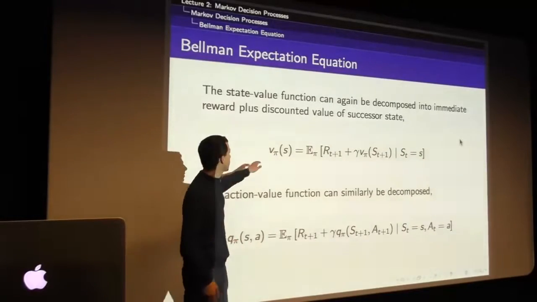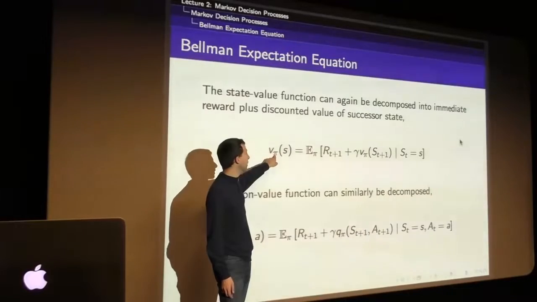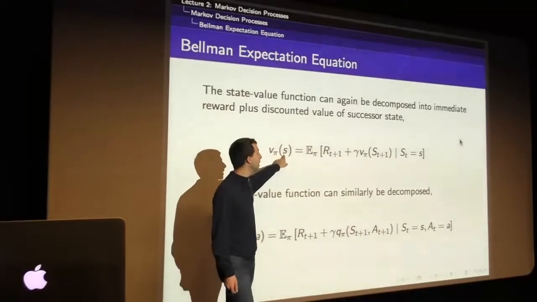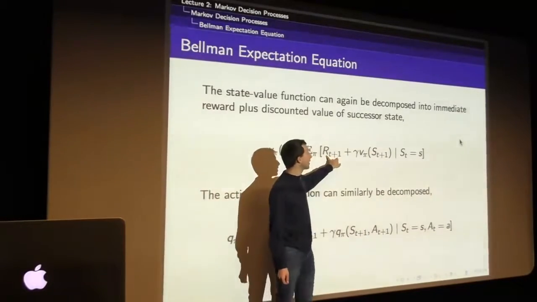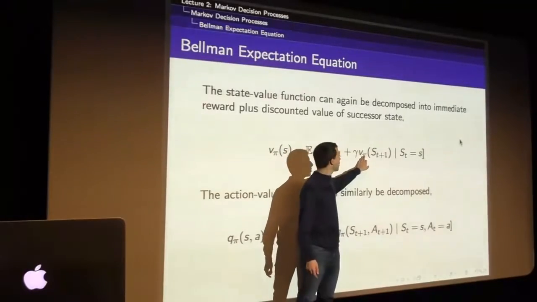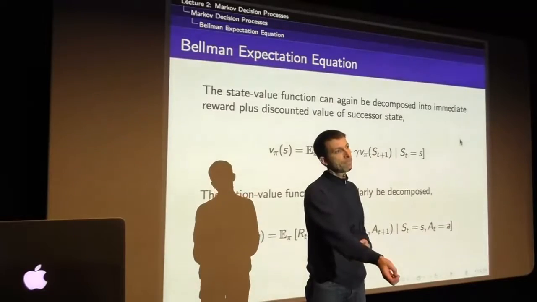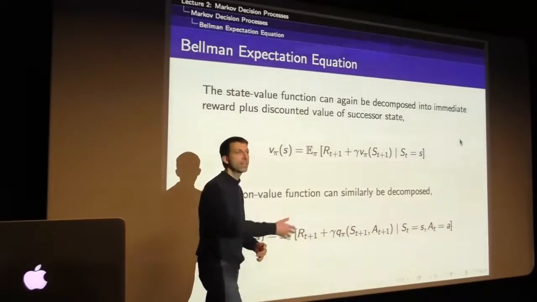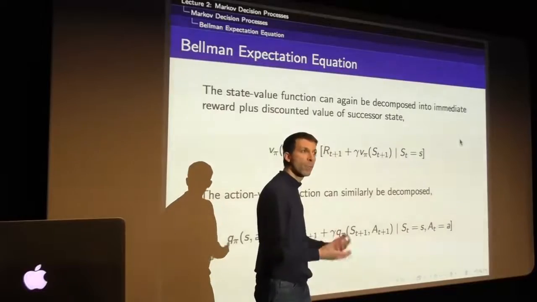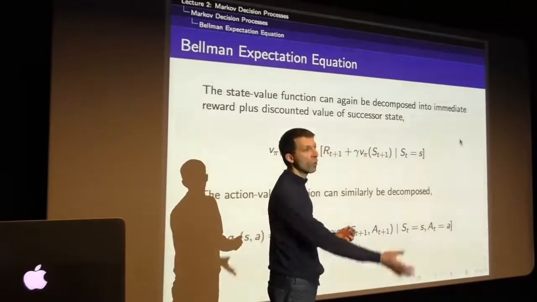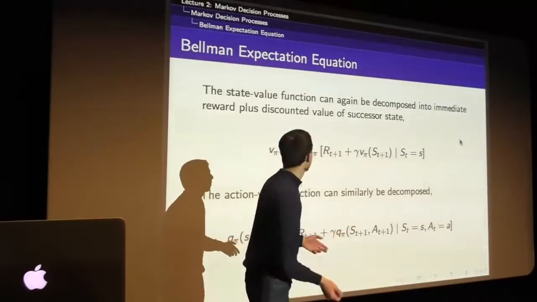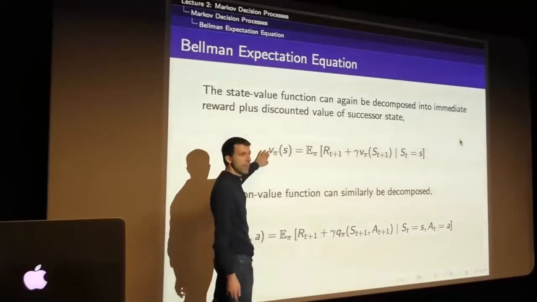That's still true in an MDP. Now what we're saying is that you start in this state, and we know that we're following policy pi, but the value of being in this state is still the immediate reward that you get, plus the value of your successor state if you know that you're going to follow policy pi from there onwards. So we just look at what happens for one step of following a policy, and then we ask how much more reward will I get following that policy. And we sum those things together, that gives us the Bellman equation.